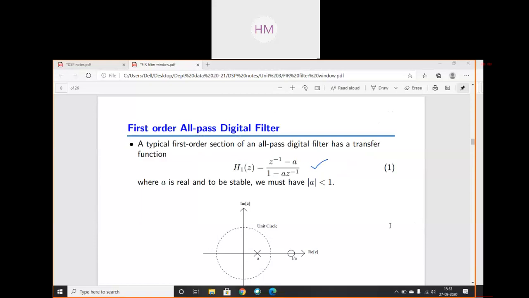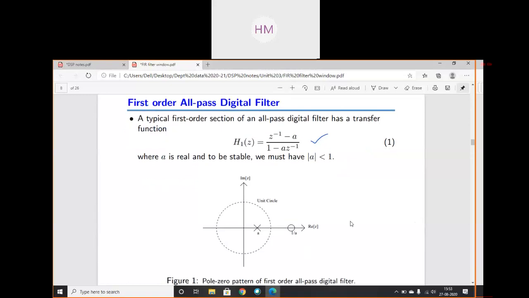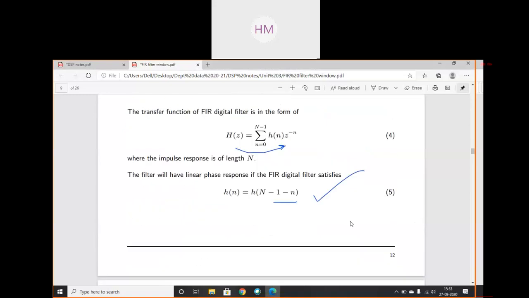Using that equation which I have shown you right now, we put in all the values of n from 0 to 8. Capital N minus 1 is 8. So h of 0 is equal to h of 8.